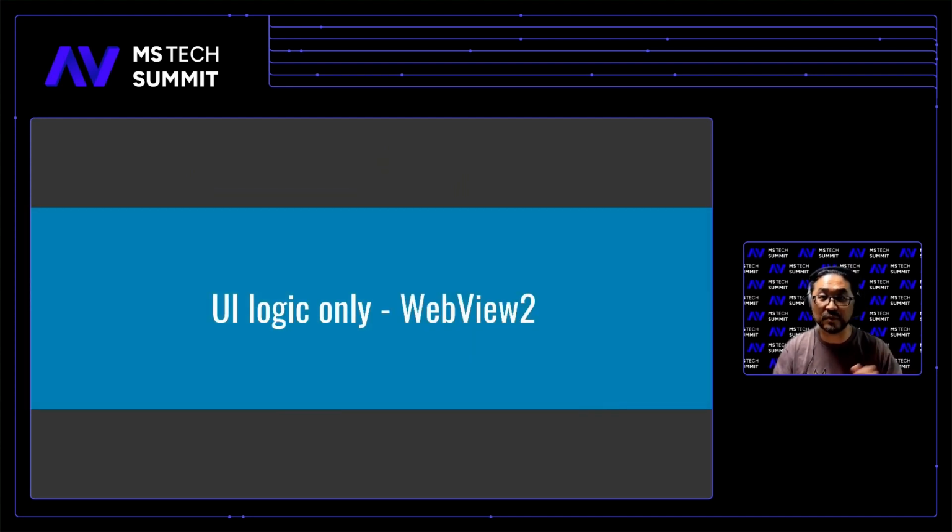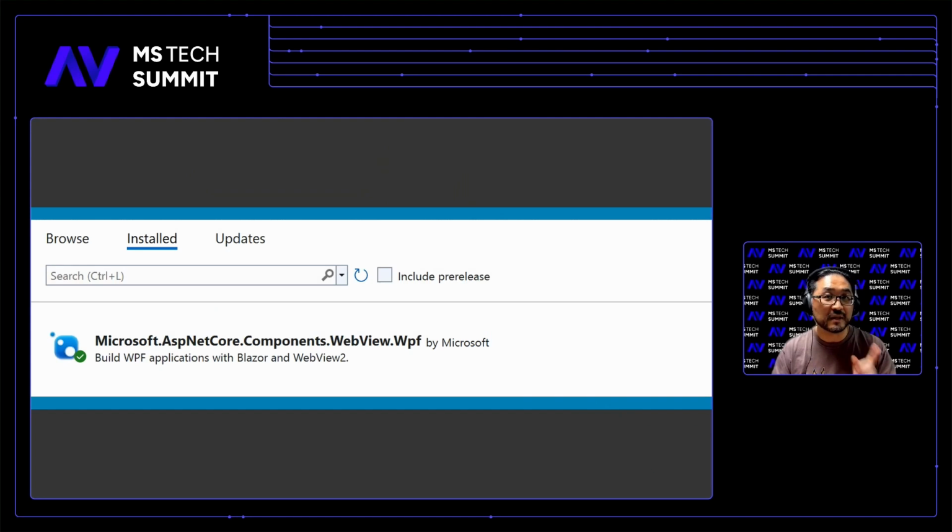WPF itself doesn't understand Blazor components, so we need to include WebView2, which understands Blazor components. It comes from the Microsoft.AspNetCore.Components.WebView.Wpf package.